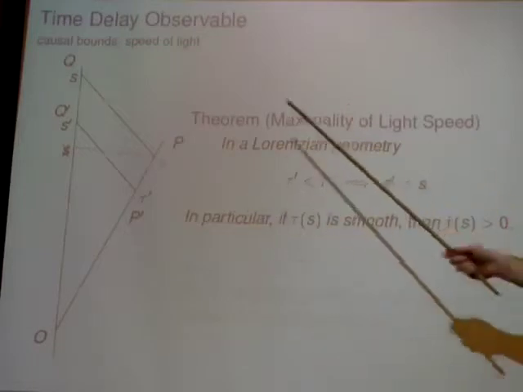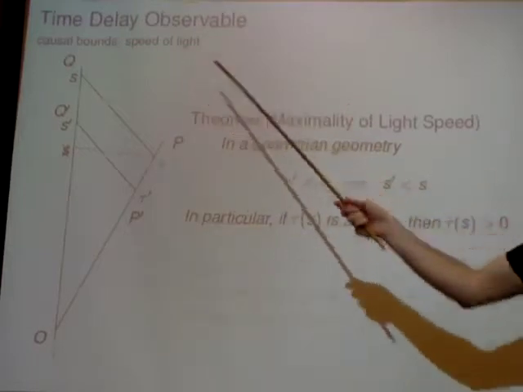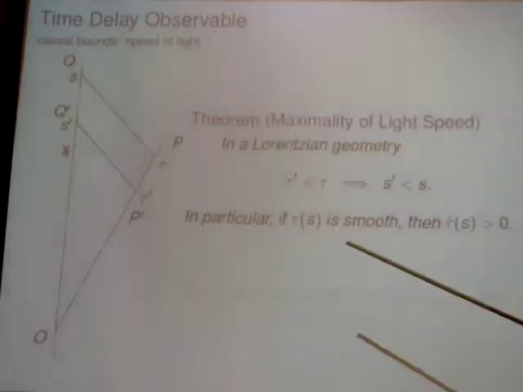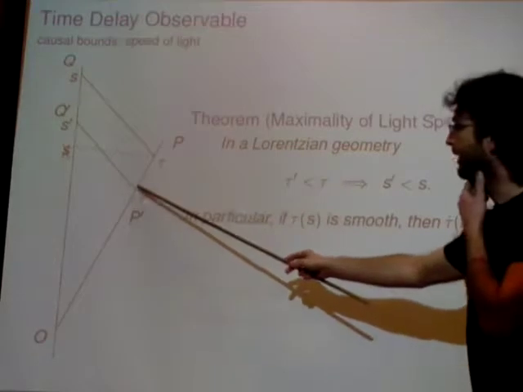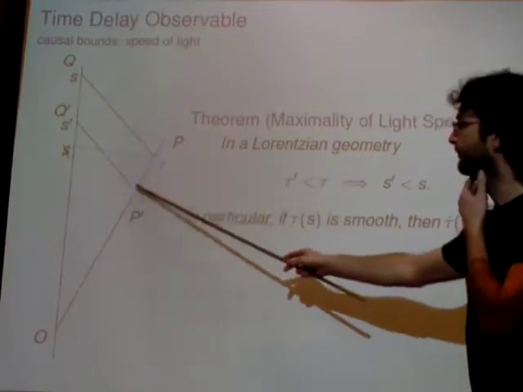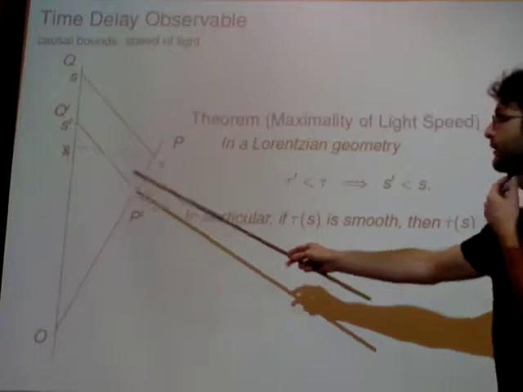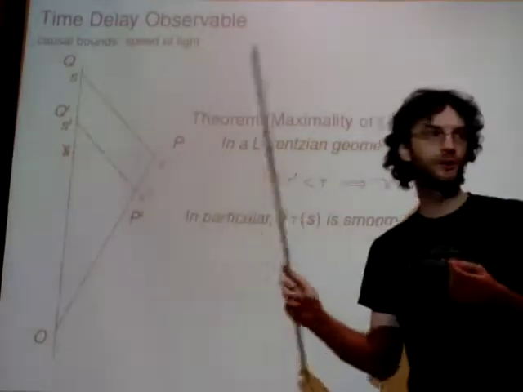There's one of them that comes from the fact that in a Lorentzian spacetime, nothing can travel faster than the speed of light. What this translates into here is that if you have two emission events that are one after the other, the reception events are always in the same order.